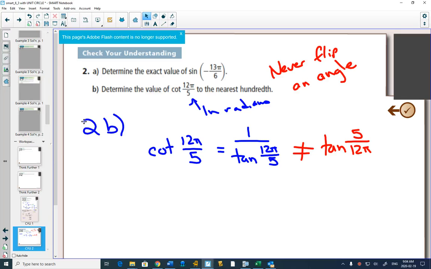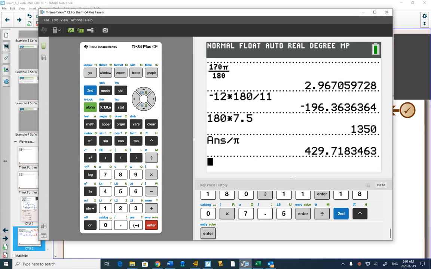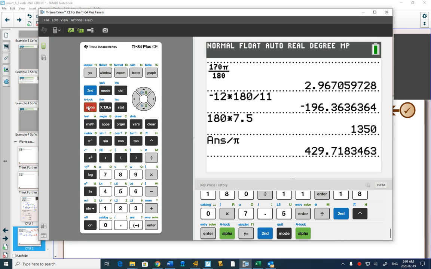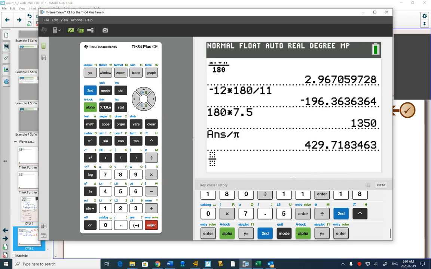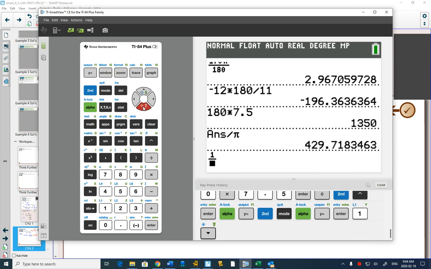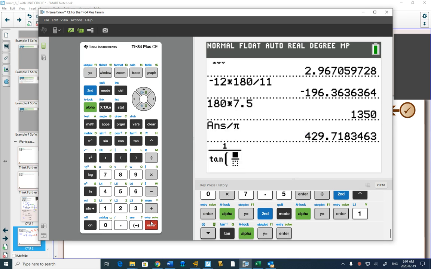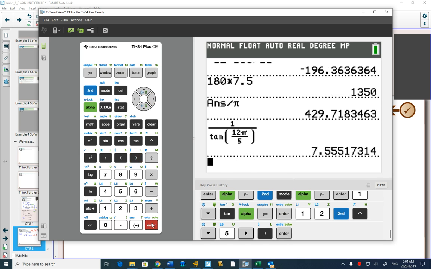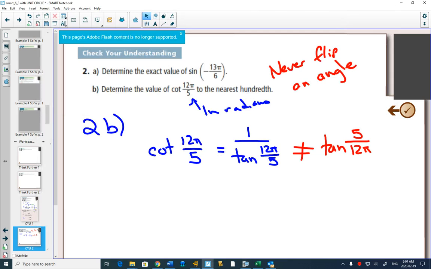So when I go to my calculator to type this in, I'm going to write 1 over tan, love this fraction button, 12 pi over 5. 7.56.